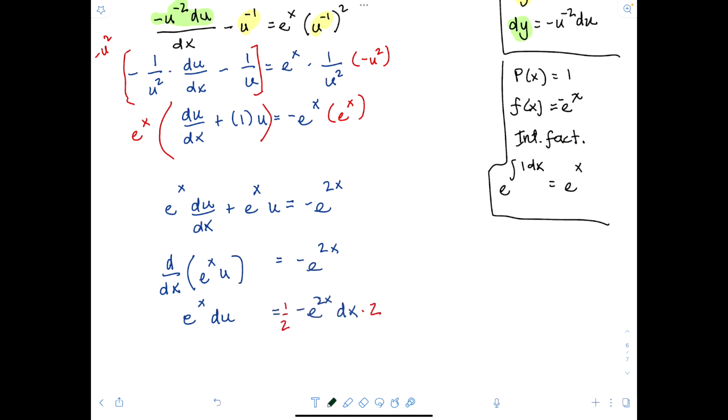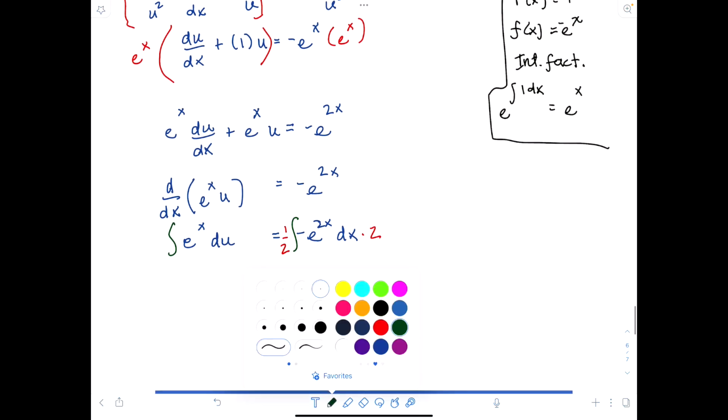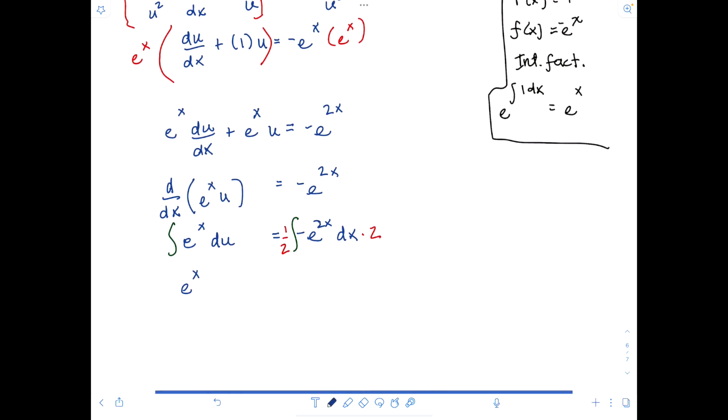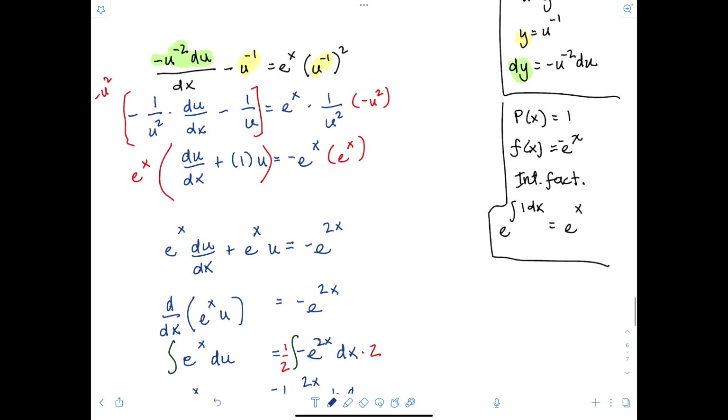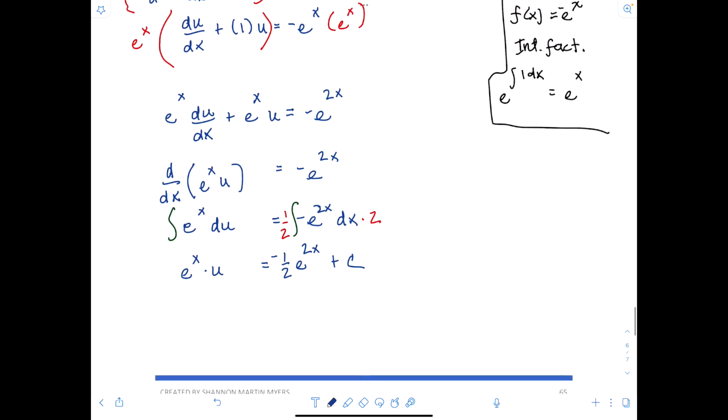And then integrating both sides, we will have a result of e to the x times u is equal to negative 1/2 e to the 2x plus some constant. Now, what was u? u was y to the negative 1. So we'll have e to the x times 1 over y is equal to negative 1/2 e to the 2x plus c.